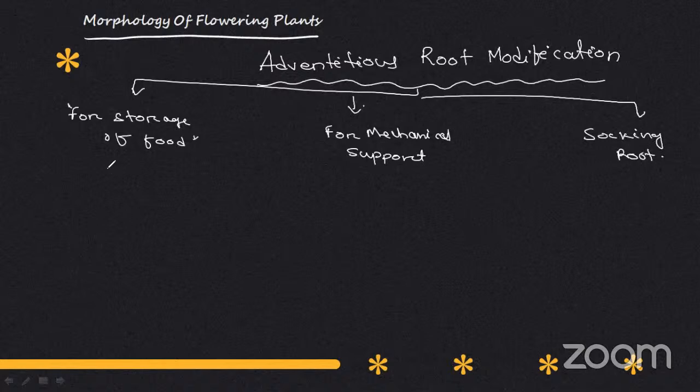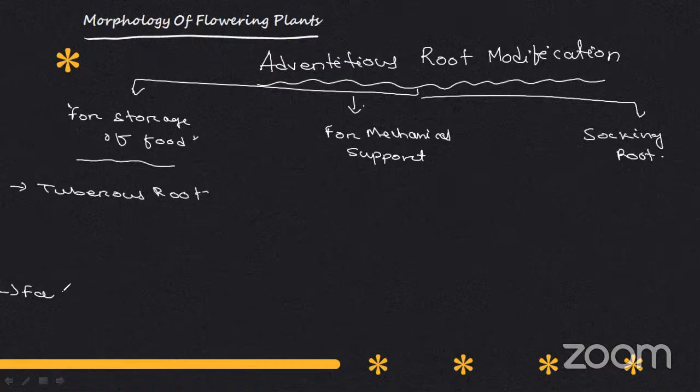Okay, so for the storage of food, we can discuss one, the tuberous root, and another one we have to discuss is the fasciculated root.